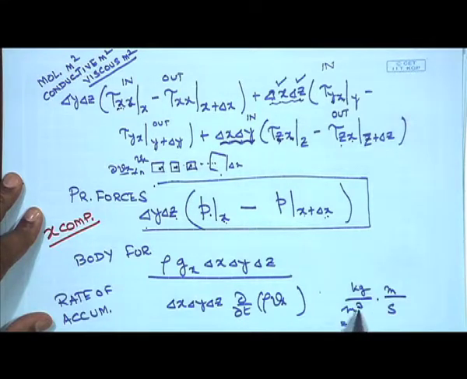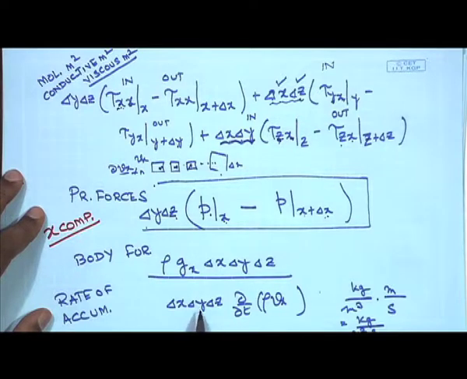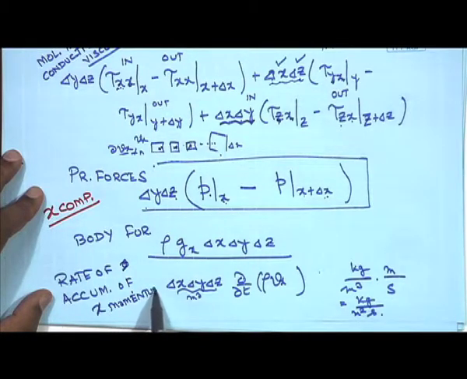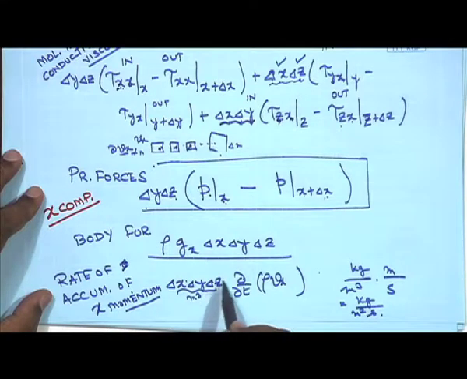So, this is kg per meter square per second, and what you get here is then the momentum change. This is meter cube, and what you get is kg meter per second, and del t of that. So, this is the rate of accumulation of, this is important, x momentum in the control volume, del x del y del z del t of rho Vx.